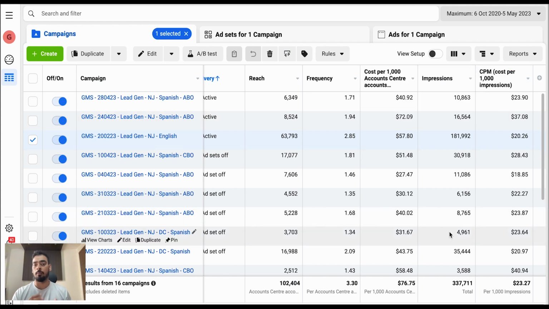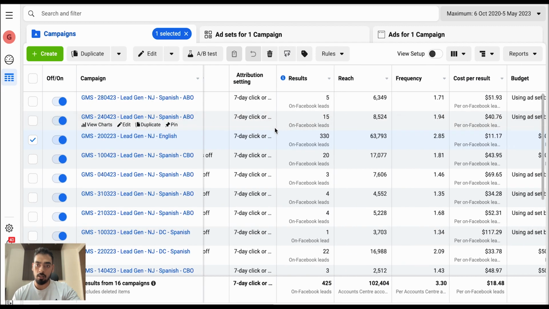These are also important metrics, but the only metrics you need to care about are cost per result and the frequency, right? If these two start getting higher, then you have to start worrying. You have to start preparing, and start working on your ad account to get something going. You have to have something in backup.